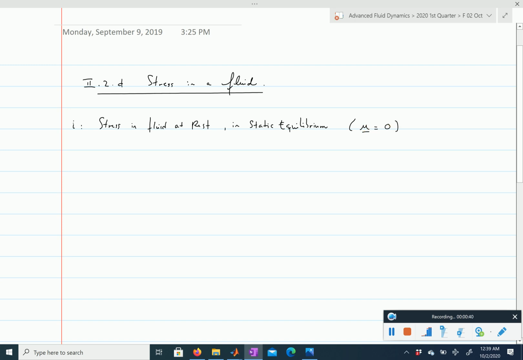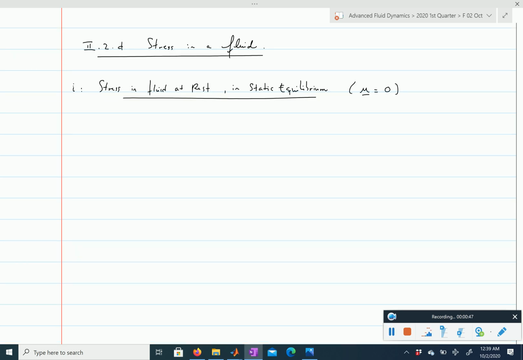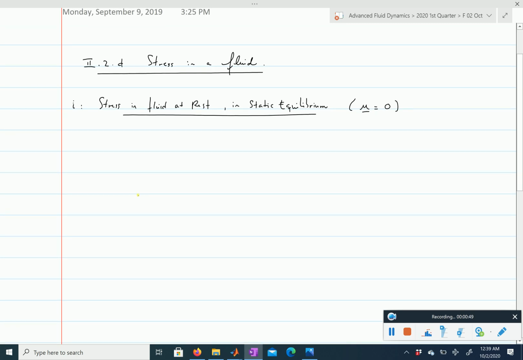So there is no motion. Okay, so now if I'm representing flow, of course there is no flow because we're assuming u is equal to 0. But let's think we are interested in this particular point, and let's assume in particular that, because there is no preferential direction at this point, we are in the coordinate system where our stress tensor is diagonal.